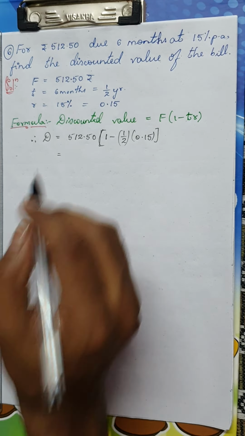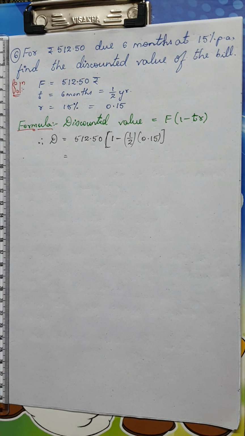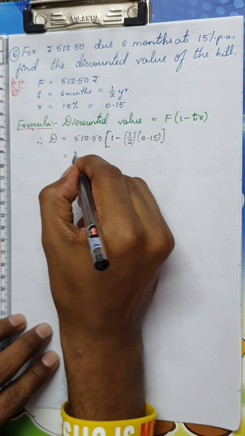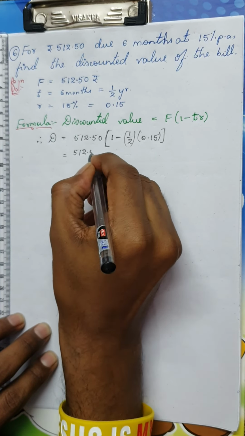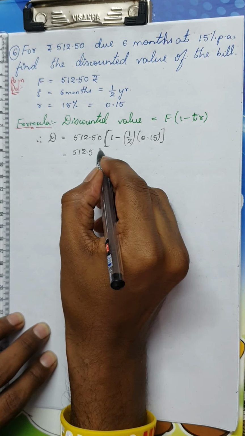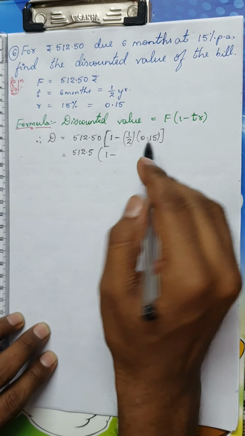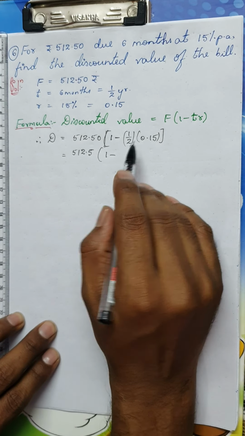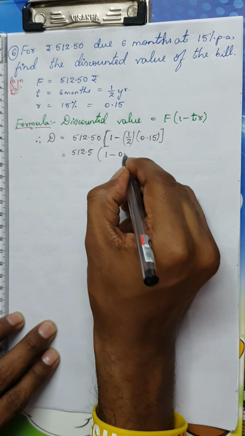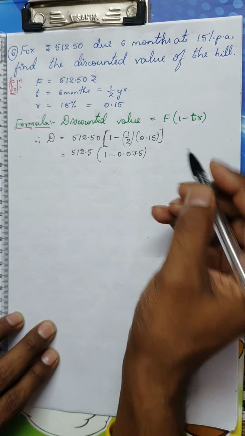So you can directly write it using the calculator. Let me calculate this for you. It is 512.5. After the decimal point, 0 does not make any value. So it is 1 minus, you can take 0.15 divided by 2. This would be 0.075.